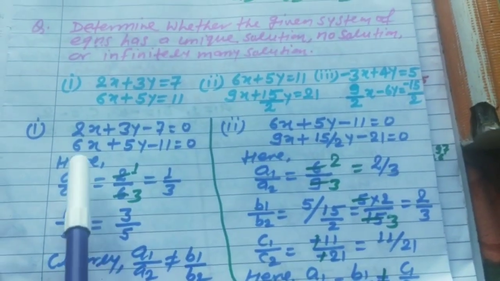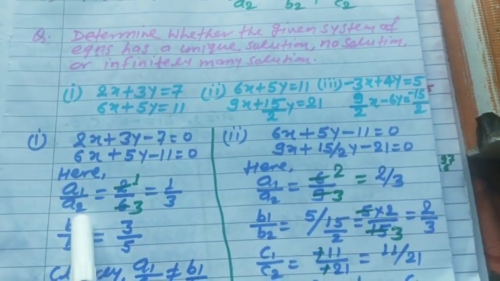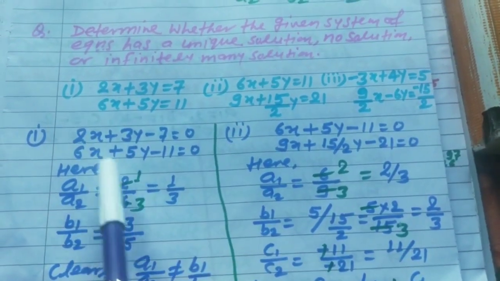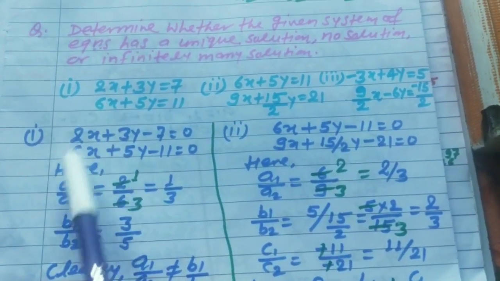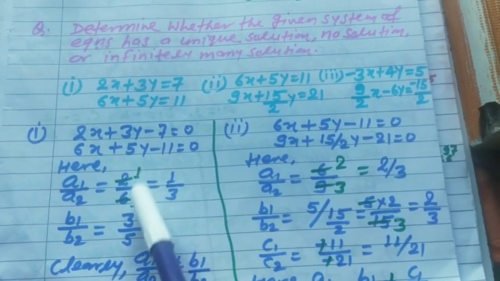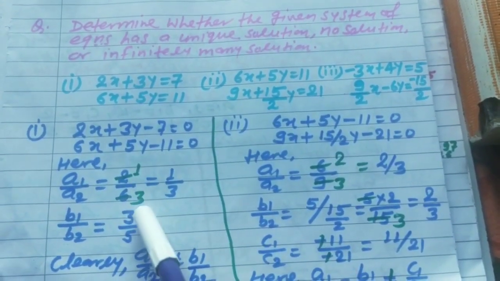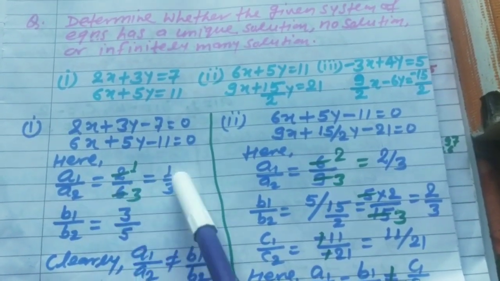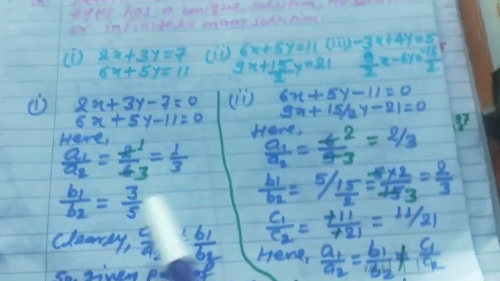Now let us find a1 upon a2. a1 is the coefficient of x in the first equation, that is 2, and a2 is the coefficient of x in the second equation, that is 6. This 6 can be divided by 2, 3 times, and this 2 by 2, 1 time. So its simplest form will be 1 upon 3.